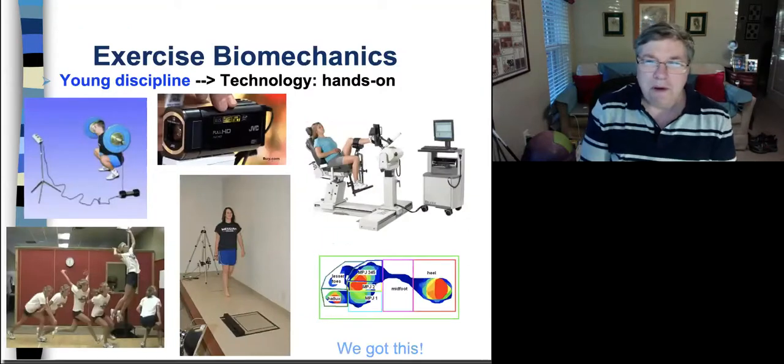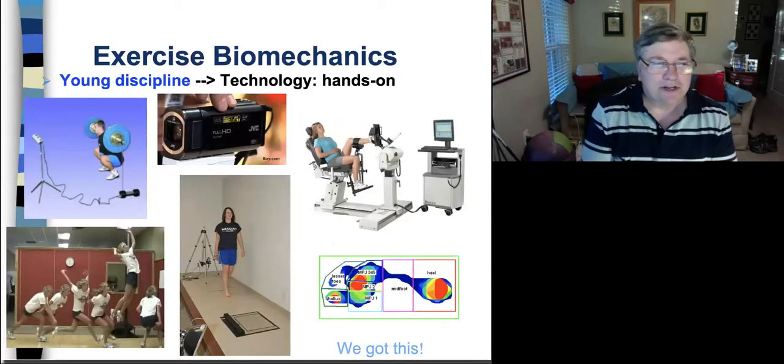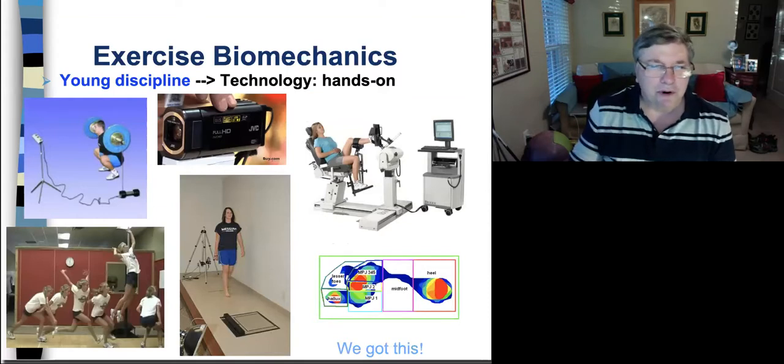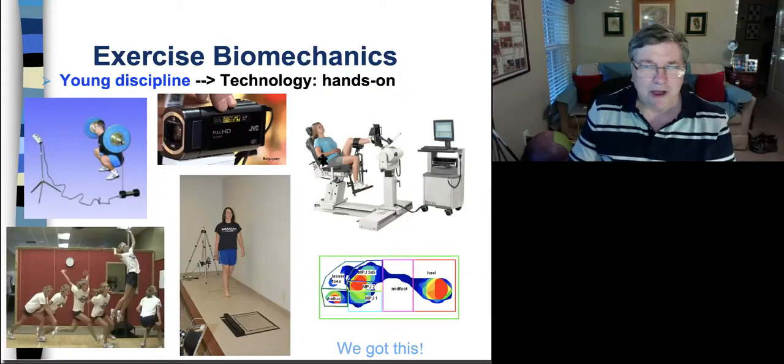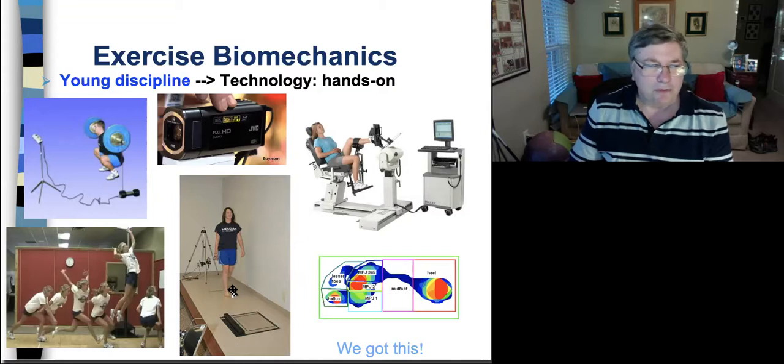So if you remember this slide from our first session, this is the kind of stuff we actually have here in our laboratory. We have a Tendodyne system to measure power. We have high-speed video cameras. We've got regular old video cameras as well. We've got a Biodex machine, a MAT scan, pressure and force plate.